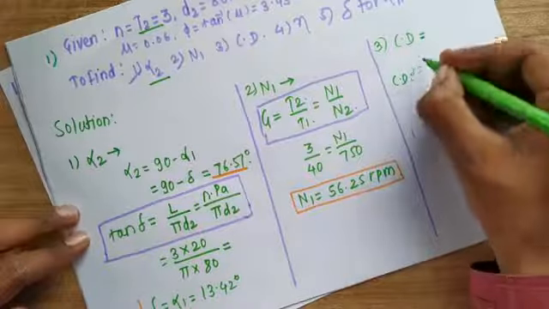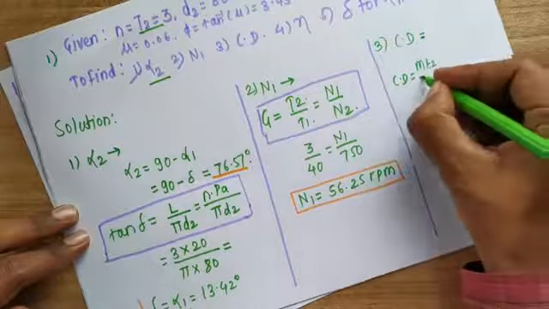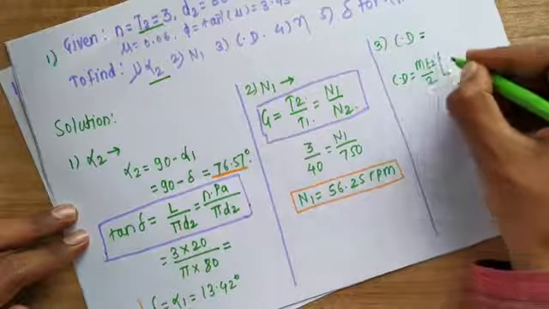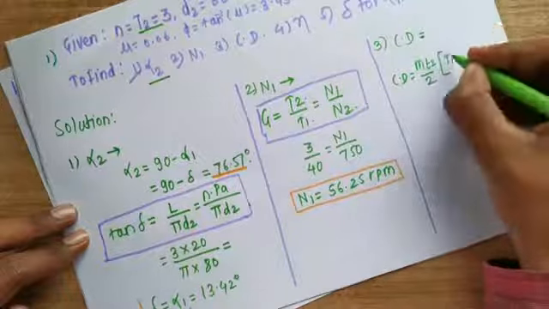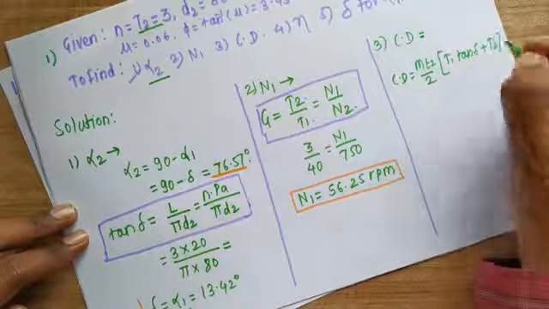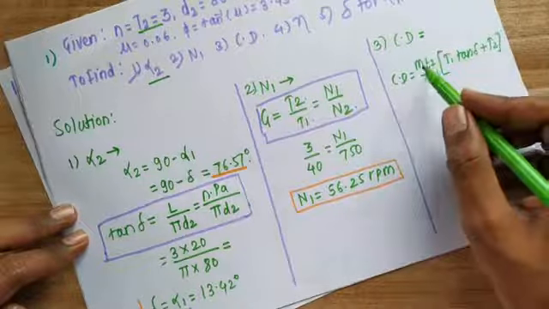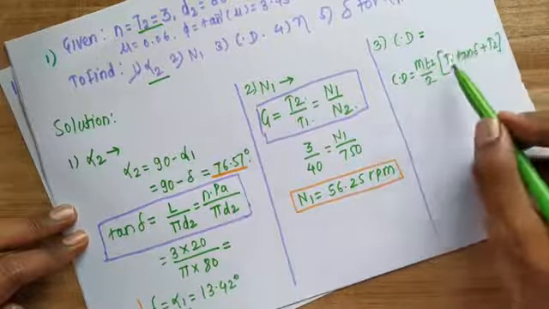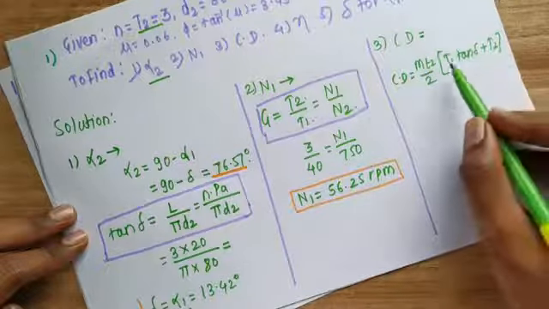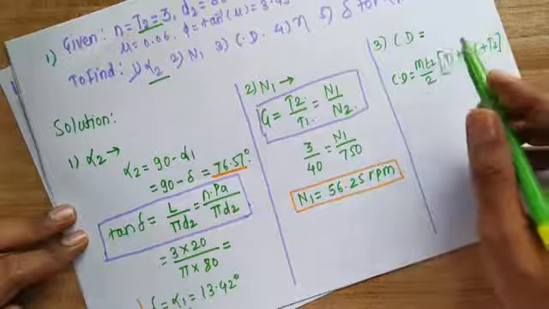Yes, it is transverse module MT2 by 2 into T1 tan delta plus T2. So to find out center distance, I know this formula. What is required? MT2, T1, delta and T2. Out of this, T1 is known, delta is known, T2 is known. What about MT2? That is the transverse module.